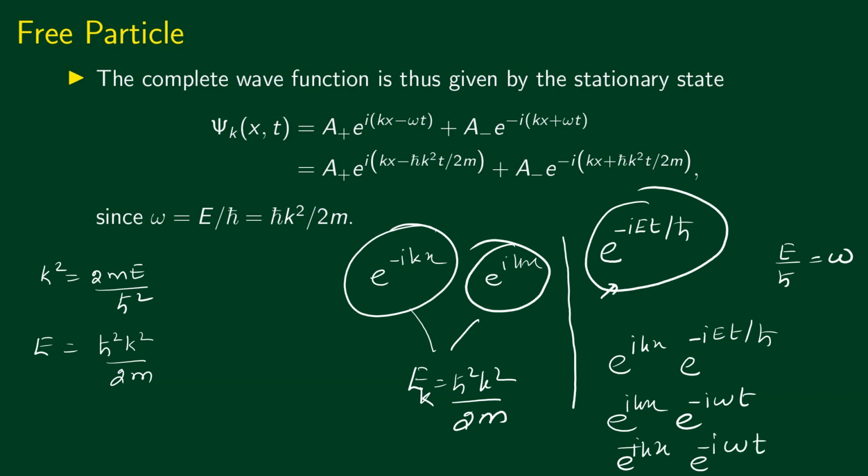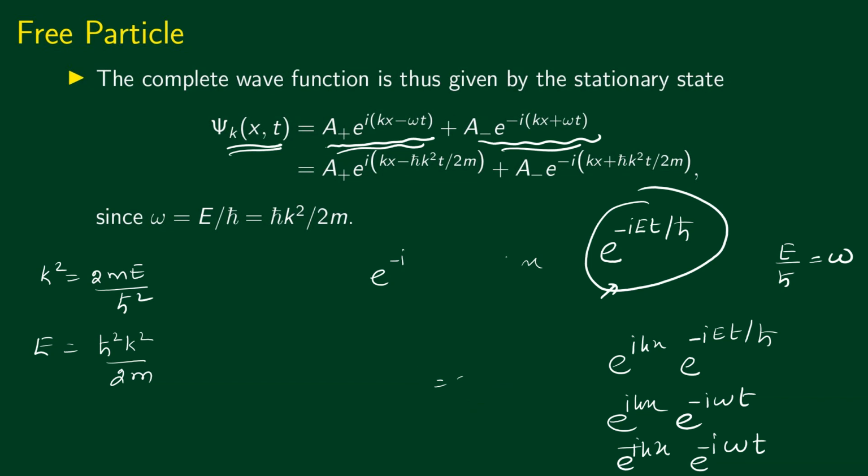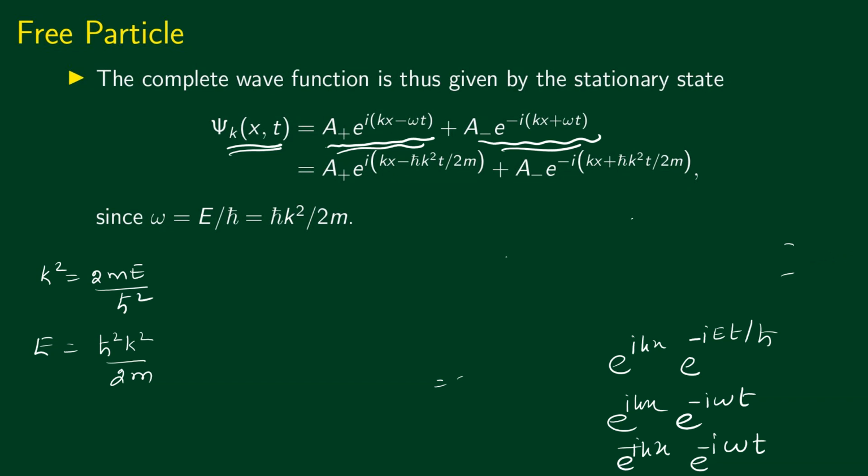So the time dependence can be included and the wave function corresponding to the stationary state can be written as a plus exponential i(kx minus omega t) plus a minus exponential minus i(kx plus omega t). We haven't done much here.